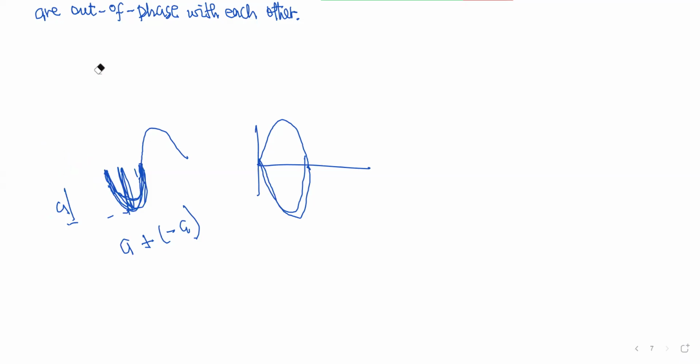And that is how nodes are formed. So nodes are formed due to the destructive interference of two waves, where the amplitudes of individual waves occur at separate angles and they cancel out each other, and the net resultant is 0.